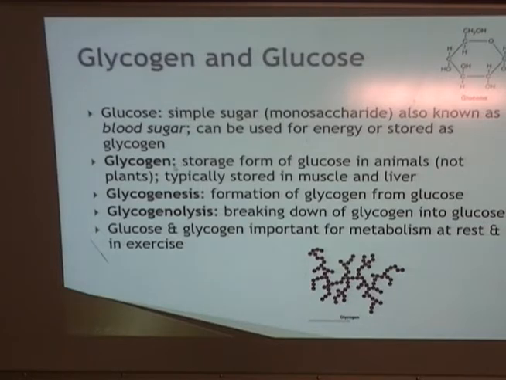Glycogen, as I said, is the storage form of carbohydrate, and that's stored mostly in the muscle tissue and in the liver. And glucose and glycogen are really important for metabolism at rest, but also during exercise. So we'll come back to that idea. The glycogen in the muscles provides the substrate for energy production within the muscle tissue.